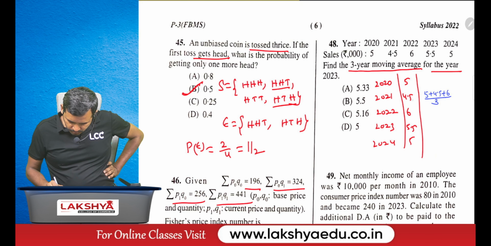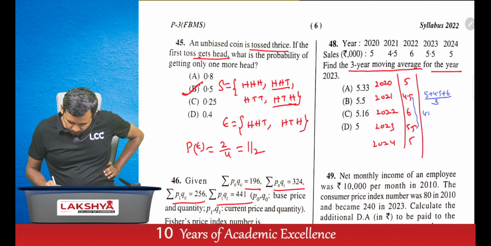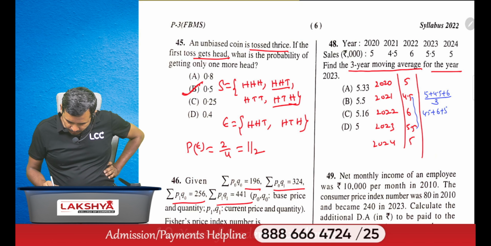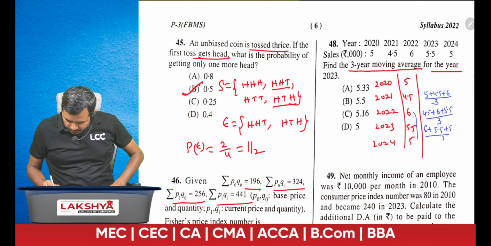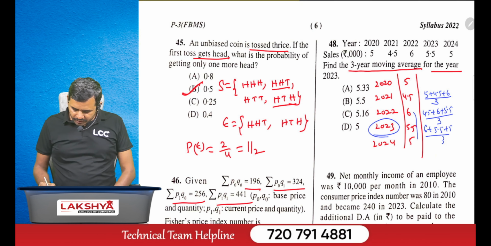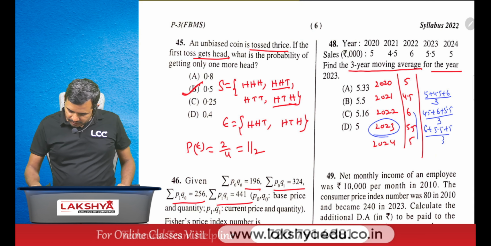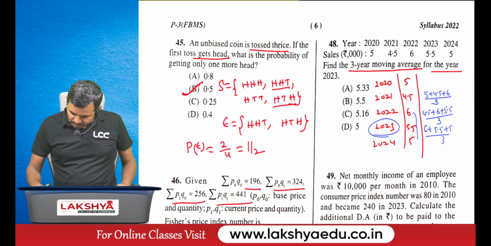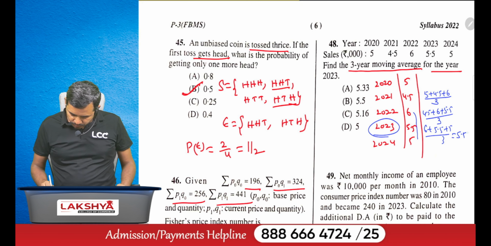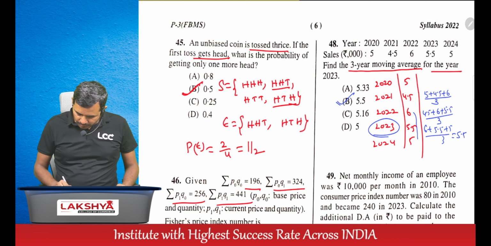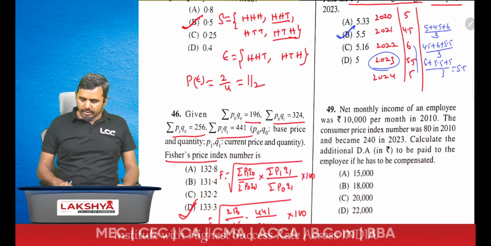Next, 4.5 plus 6 plus 5.5 by 3, but those are not required. Against 2023, we add 6 plus 5.5 plus 5 divided by 3, which equals 5.5. Against 2023 it is 5.5. Hence the right answer is B.